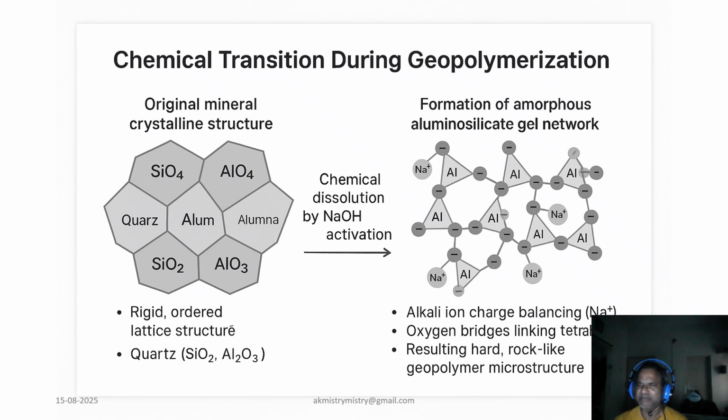When activated with sodium hydroxide, that is NaOH, the crystalline bonds dissolve. This triggers the formation of an amorphous aluminosilicate gel. In this gel, aluminium atoms are linked by oxygen bridges and sodium ions balance the charge. The result is a hard rock-like microstructure ideal for sustainable construction.